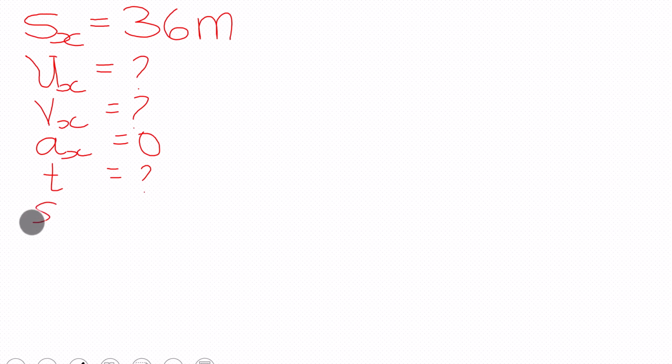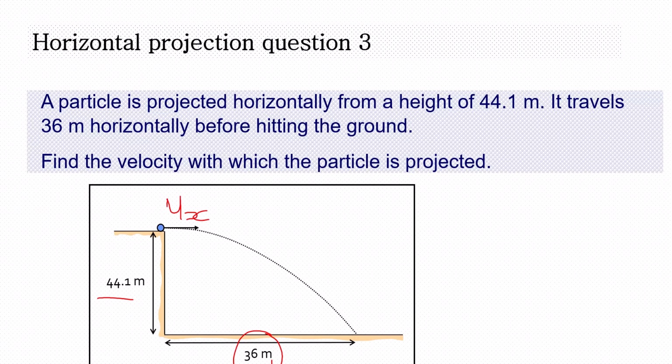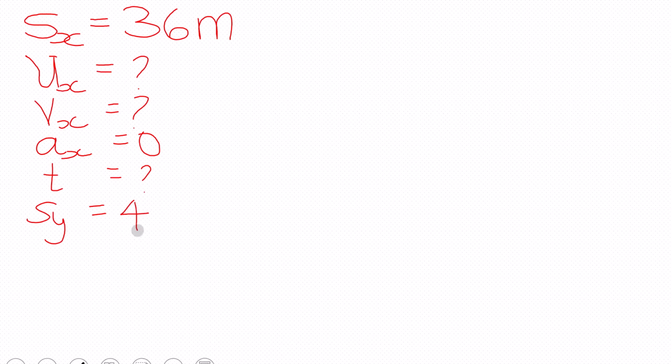For y, the s in the y will be, I think it was 44. Yes, 44.1. And then u in the y, we know it will always be 0. V in the y has a value, but we don't know it.